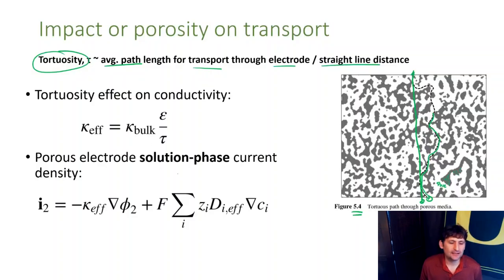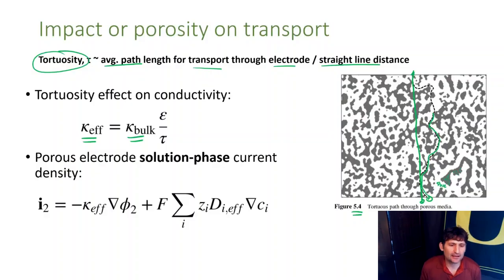So it affects the conductivity. This is the conductivity of the electrolyte. It also affects the conductivity of the electrons of the solid. Here the effective conductivity is given by the bulk conductivity of a given electrolyte, so how conductive, for example, a solution of sodium chloride would be if you just had it in a beaker.